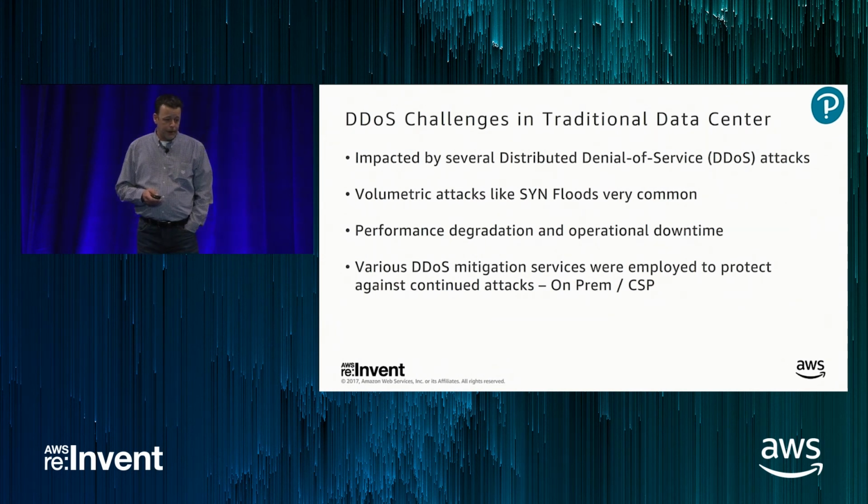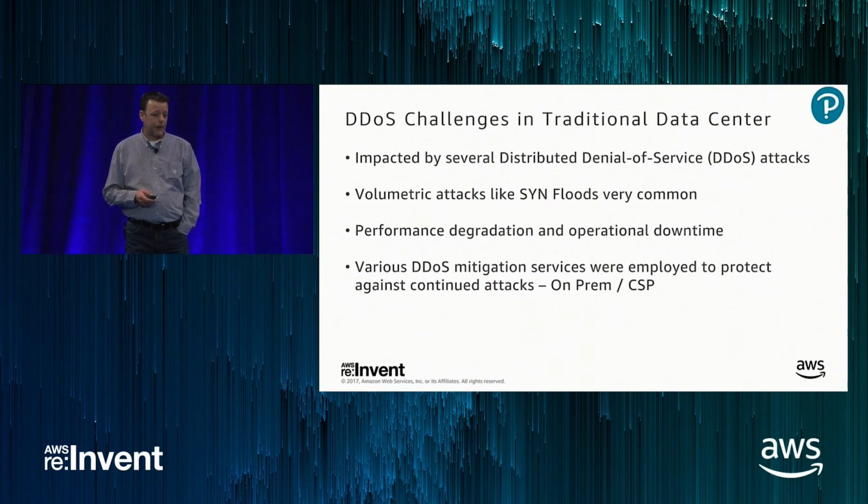We put in DDoS appliances, we put in IPS, IDS, increased the size of our load balancers, and really struggled. We had a number of attacks that took our infrastructure down. We added the cloud service provider protections. We routed on with a cloud service provider to provide the protection side of things.